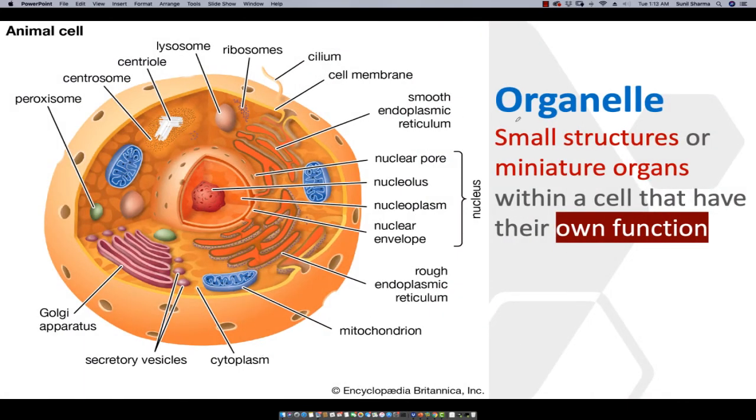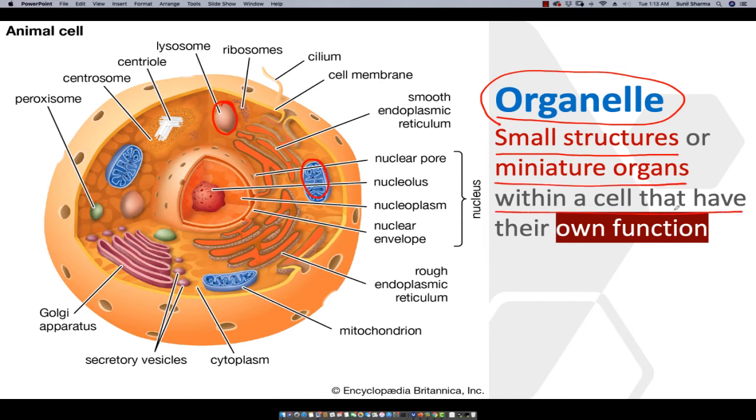So let's take a look at the organelles, or what are organelles? Organelles, again, we did talk about, are little organs or little structures. They're small structures or miniature organs within a cell that have their own function. We did touch on those concepts.